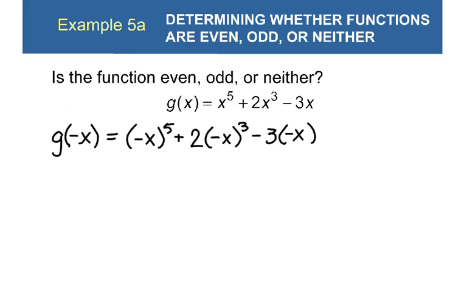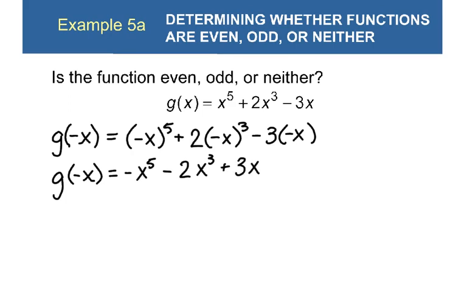Now, reduce this. Remember, anytime we are taking a negative value to an odd power, it's going to stay negative. So this is equivalent to negative x to the fifth, and this is equivalent to negative 2x to the third. And then negative 3 times a negative x is going to be positive 3x.